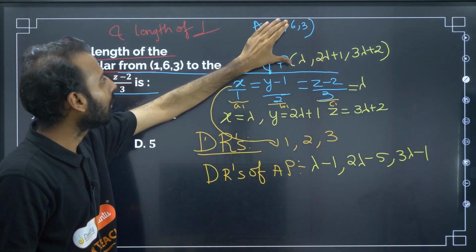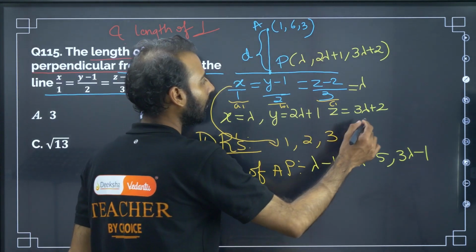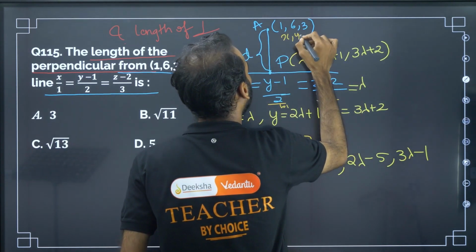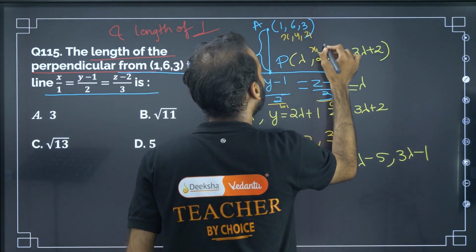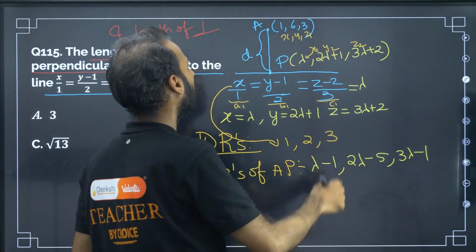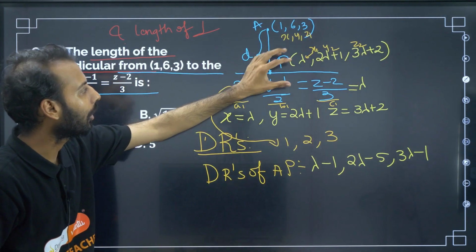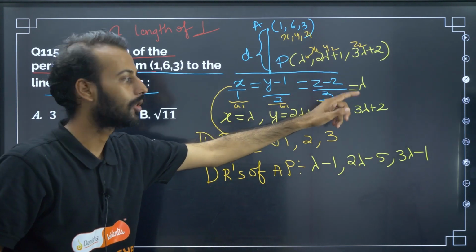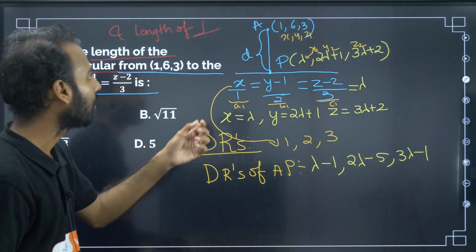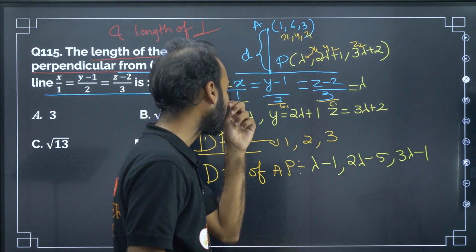Generally, to find direction ratios from two points x1, y1, z1 and x2, y2, z2, we do x2 minus x1, y2 minus y1, z2 minus z1. Although I am not writing it, I am saying it, just listen. We have to do it like this.